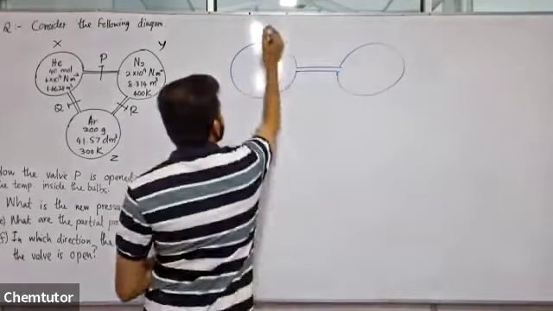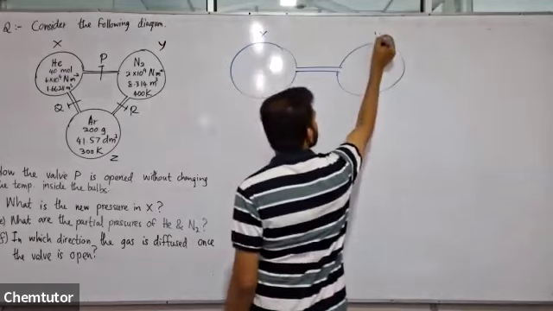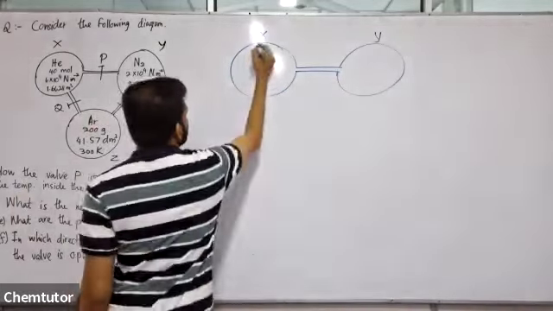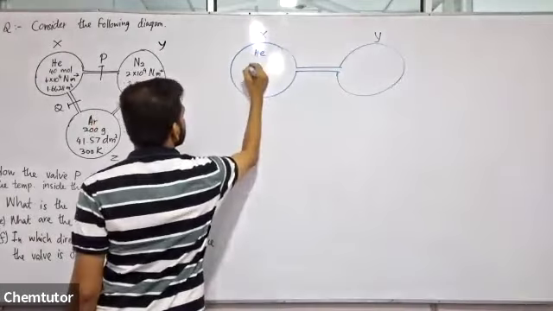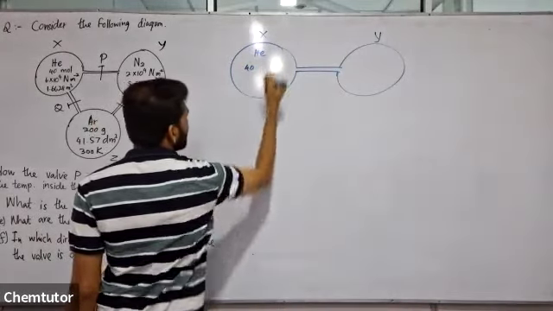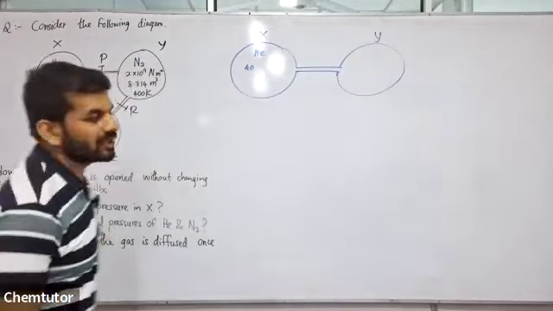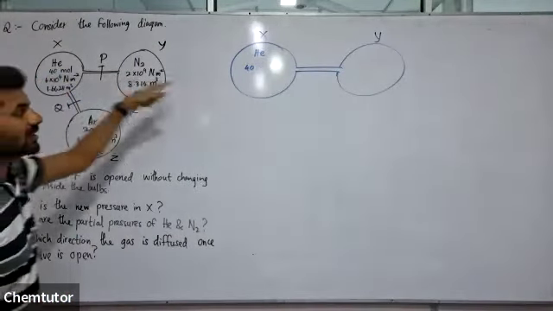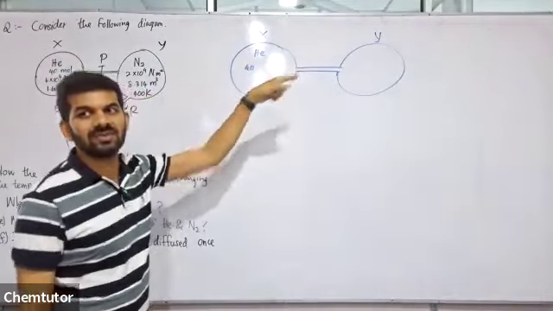So this is X and this is Y. Initially we had 40 moles of helium. Now due to the pressure change, let's assume that out of that 40, A moles are being transferred into that side.